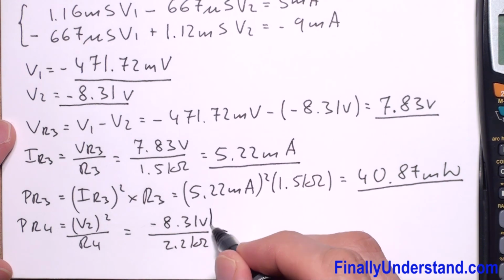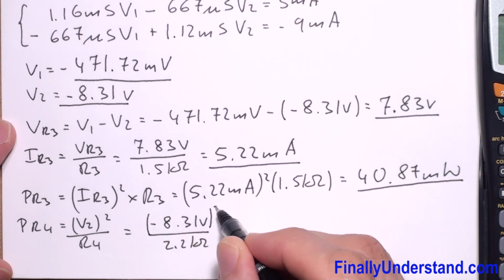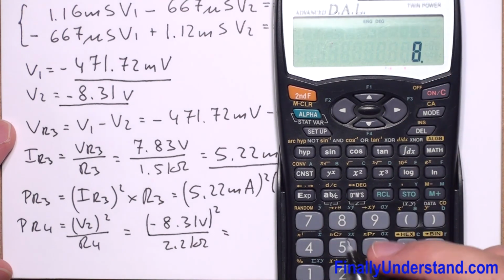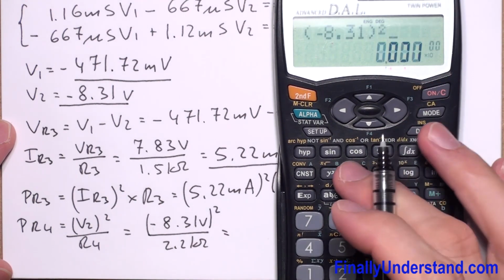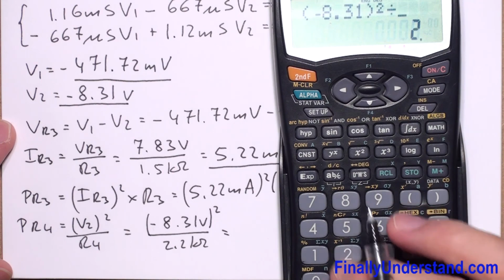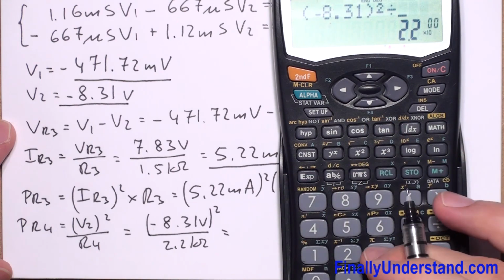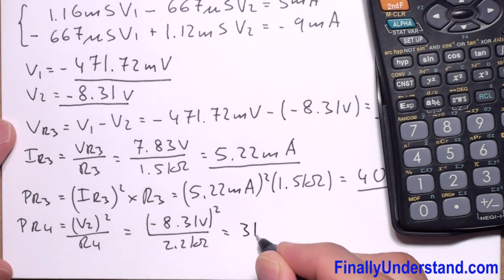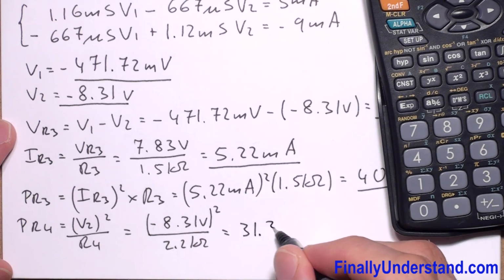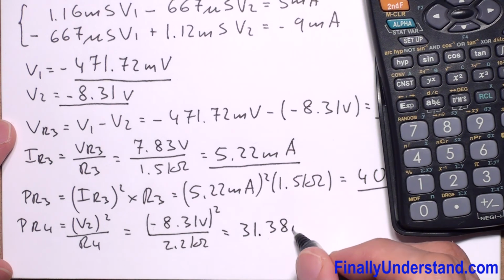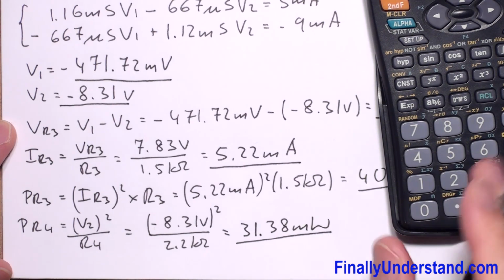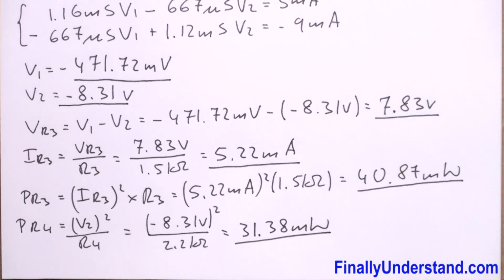Don't forget that we're supposed to add the power over here. So we have 8.31 negative to the second power divided by 2.2 exponent 3. This is equal 31.38 milliwatts. Okay, so at this moment we can say that the problem is solved.